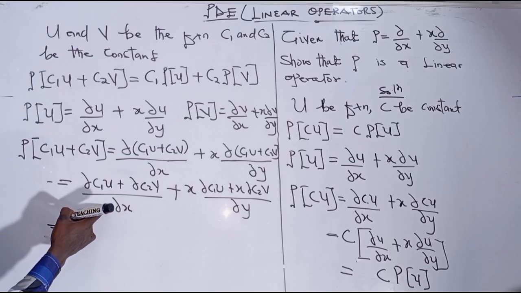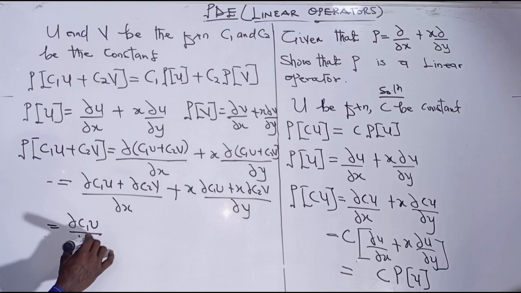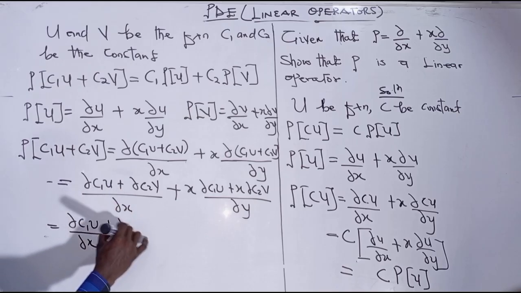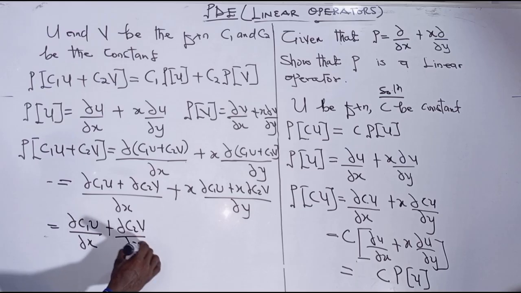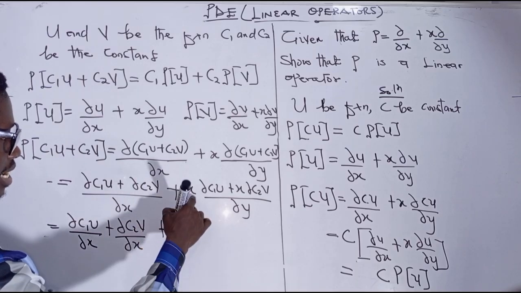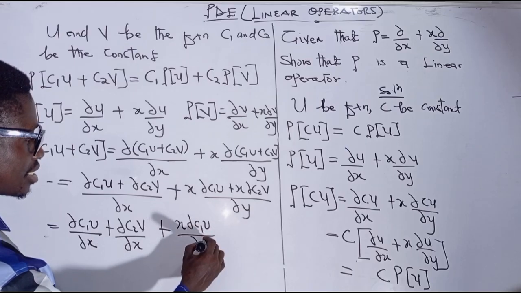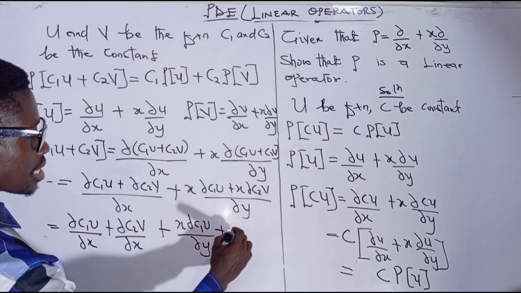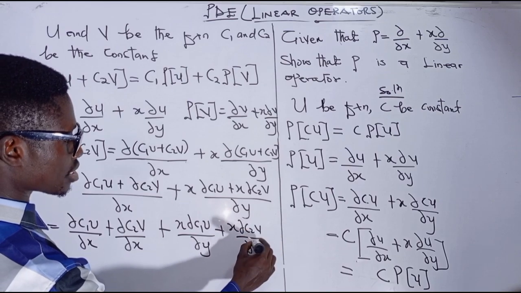Now we can split this into two. So we have del C1U all over del x plus del C2V all over del x. Then we have plus x del C1U all over del y plus x del C2V over del y.